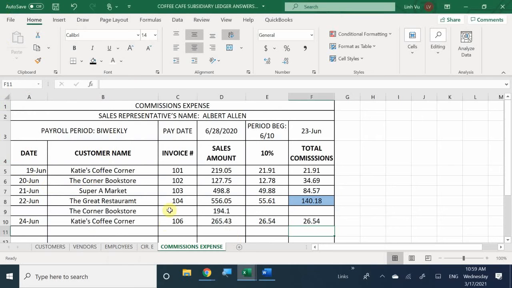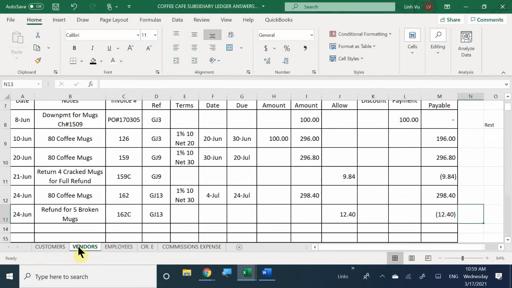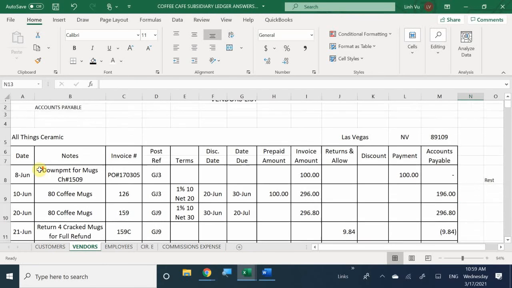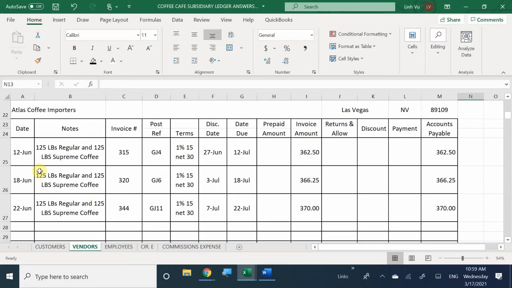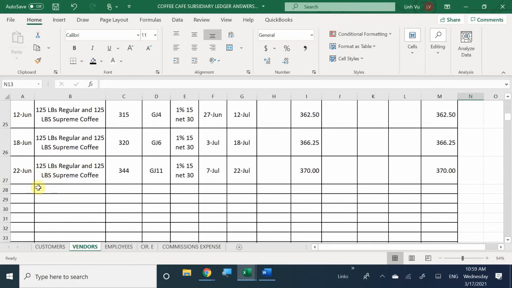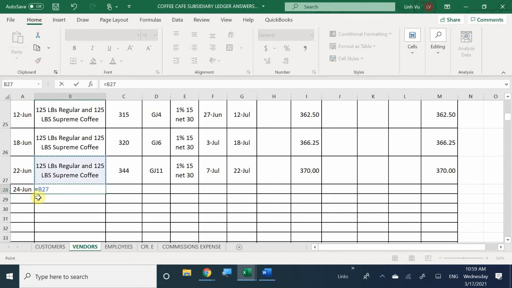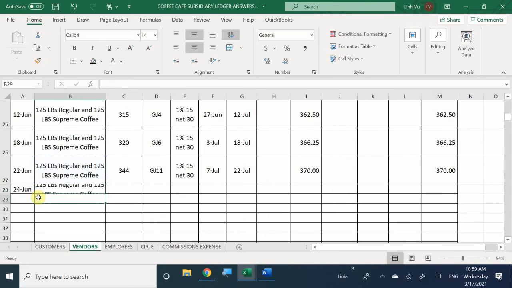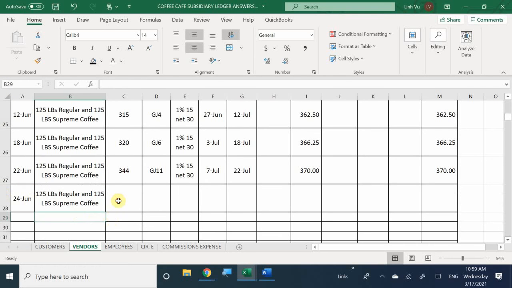We dealt with our vendor. So we could go back all the way up to Atlas Coffee. We bought 125 regular, 125 Supreme. Invoice number 355. General Journal number 13.